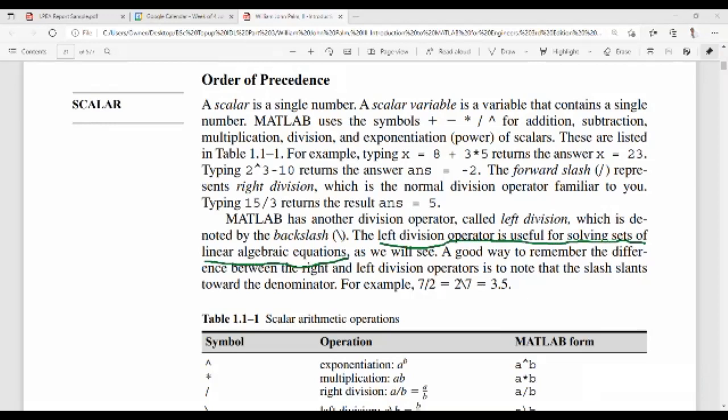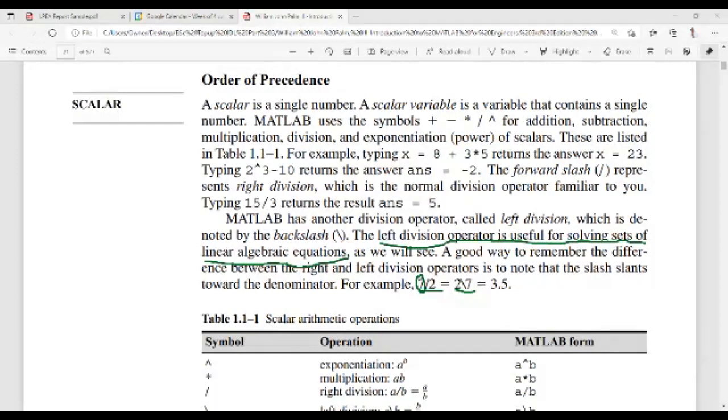An example of those linear algebra divisions: if you are doing 7 divided by 2, this is a normal division. Then you can use a backslash. You see that this is 2 backslash 7. If you use the backslash, check here: with the forward slash, 7 was divided by 2.